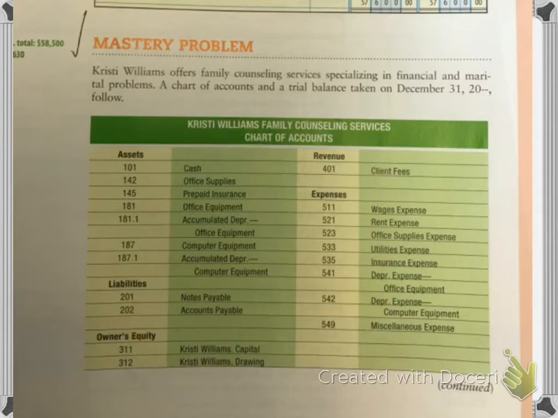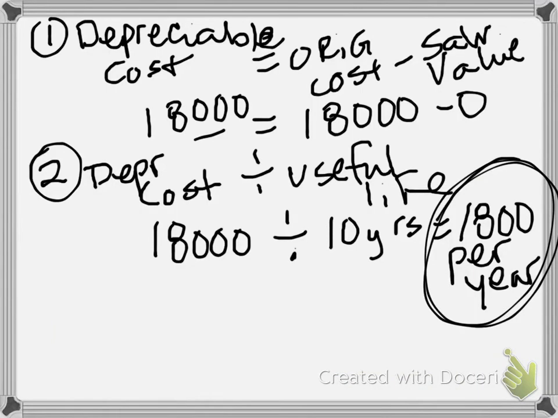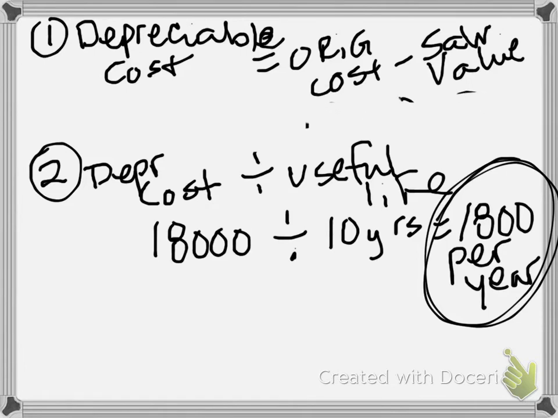Okay? Entry C says on July 1st, Williams purchased computer equipment costing $6,000. It has an expected useful life of 3 years and no salvage value. Assume that Williams computes depreciation to the nearest full month. Okay, so we are calculating depreciation again, this time for the computer equipment. So the same steps are necessary.